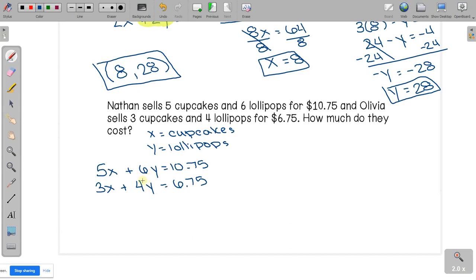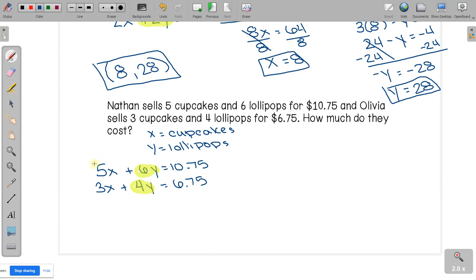So can we eliminate our x's or y's? Here, it looks like the easiest one to eliminate is going to be our y's. The least common multiple here is 12.